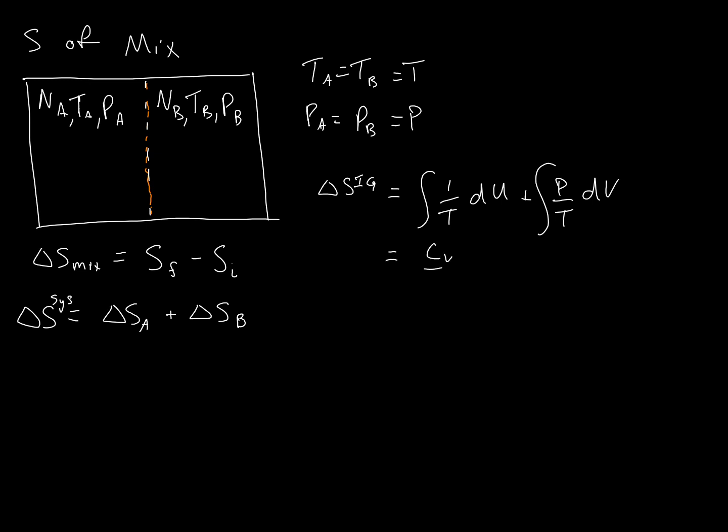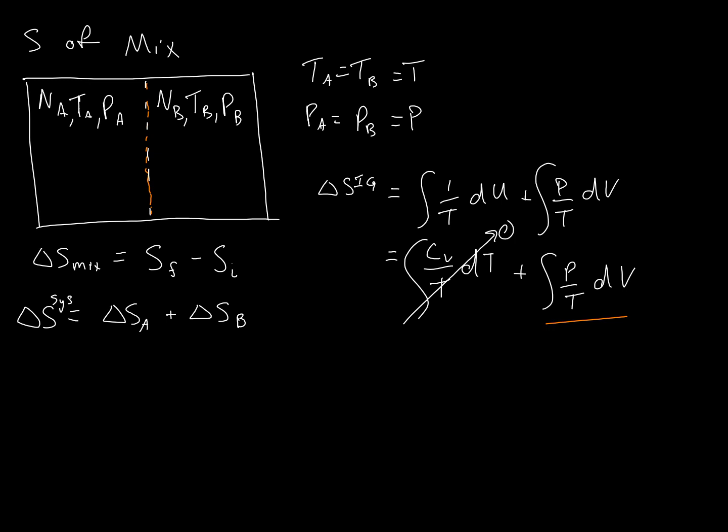We write this as C_V over T dT plus P over T dV. So this term here is going to go to 0 because we're keeping the temperature constant during this mixing process. But the volume of the gas is changing.